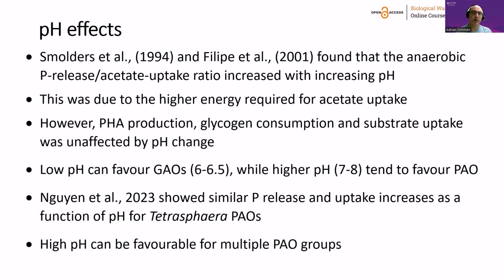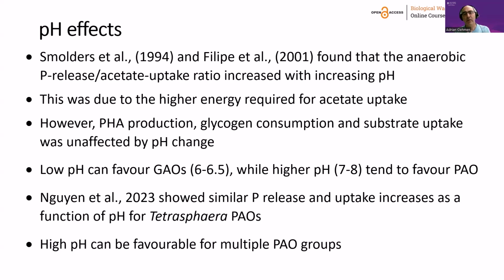It had a big impact on the P release to acetate uptake ratio, and this was something that was observed. It was also found under long-term testing that low pH can favor the growth of GAOs, while high pH would tend to favor the growth of PAOs. Okay, so that was something that was also observed in tandem with this.